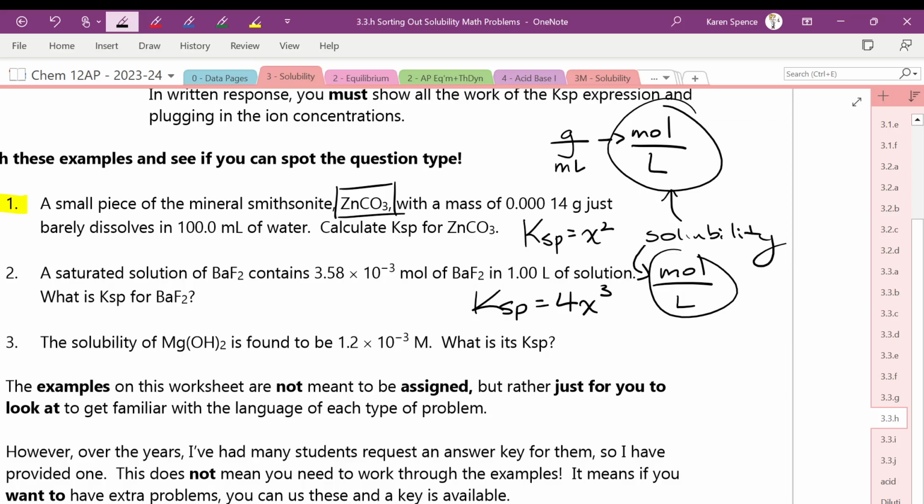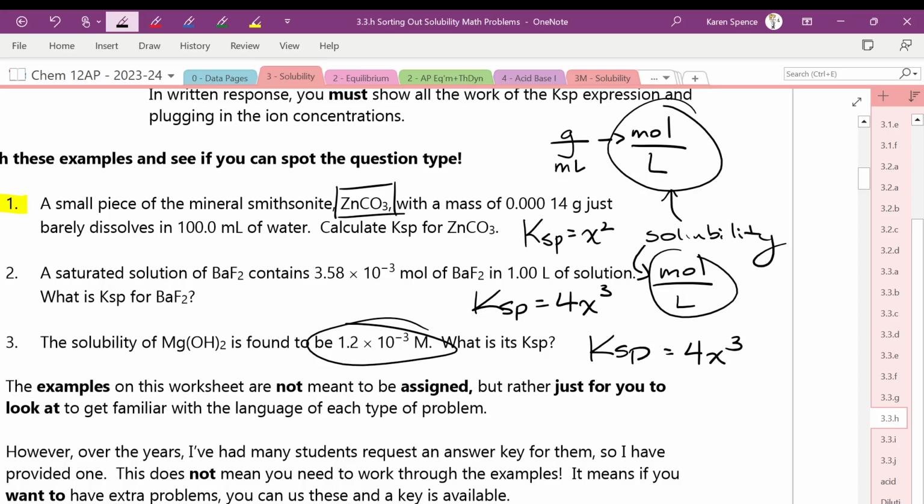The solubility of Mg(OH)2 is found to be 1.2 times 10 to the minus 3. What is its KSP? My gosh, it got even easier. It's just the same thing over and over again. This one we already have the moles per liter, and because it's Mg(OH)2, KSP would be equal to 4x cubed.